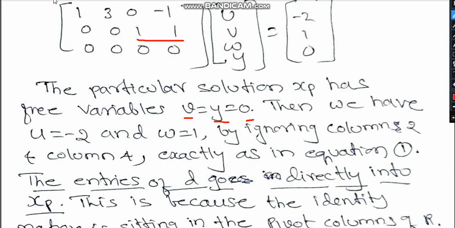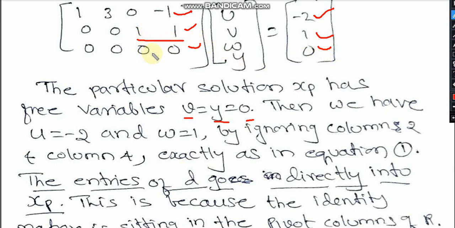Then we have u equals minus 2 and w equals 1, by ignoring column 2 and column 4, exactly as in the equation. Whatever row operations you do to go from U to R, the same will be applicable for b to c and c to d. Now it has been converted to d.